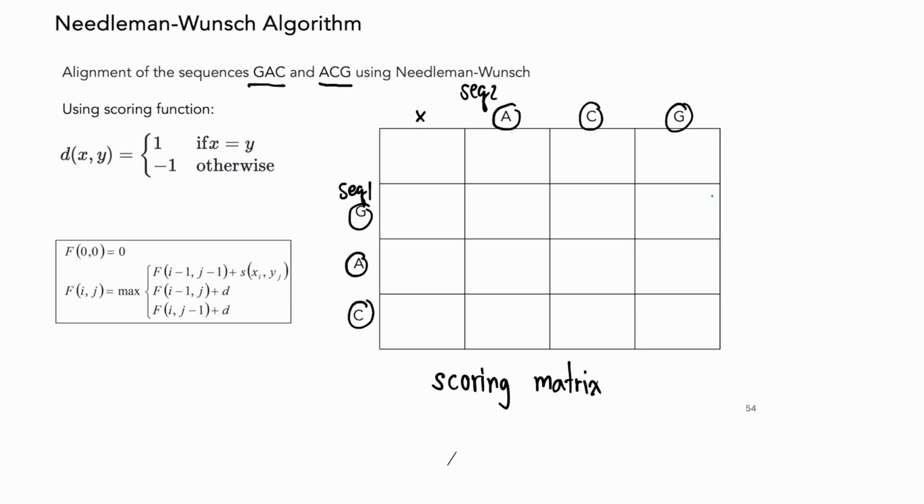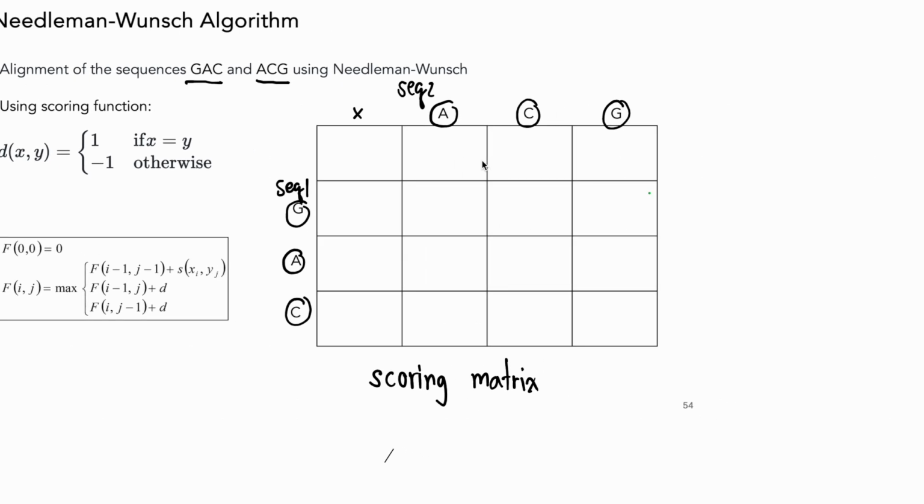Let's move on to our next step. To fill the scores in this scoring matrix, we have to understand three basic steps. The first step is called initialization.